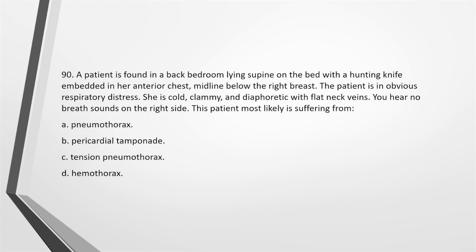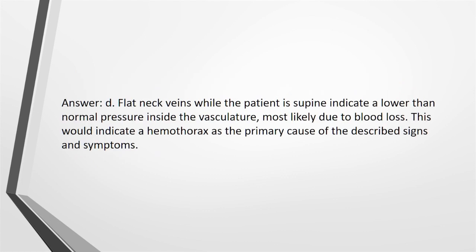This patient most likely is suffering from A. Pneumothorax. B. Pericardial tamponade. C. Tension pneumothorax. D. Hemothorax. Answer. D. Flat neck veins while the patient is supine indicate a lower than normal pressure inside the vasculature, most likely due to blood loss. This would indicate a hemothorax as the primary cause of the described signs and symptoms.